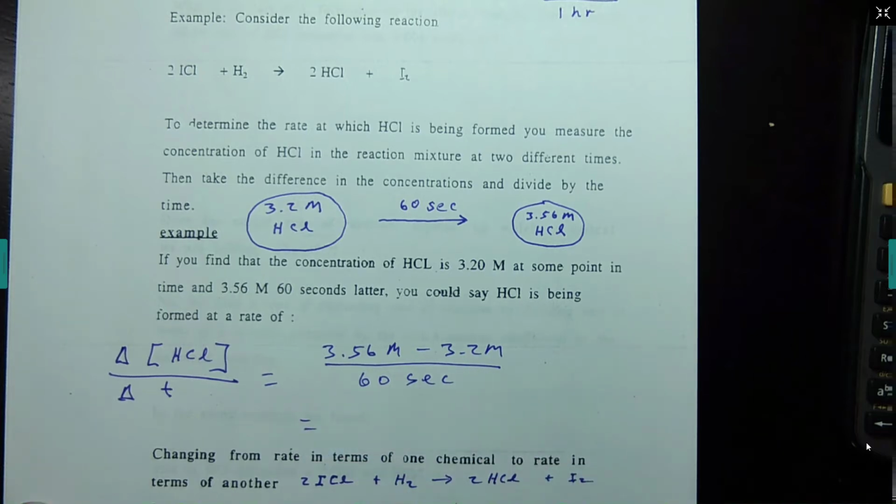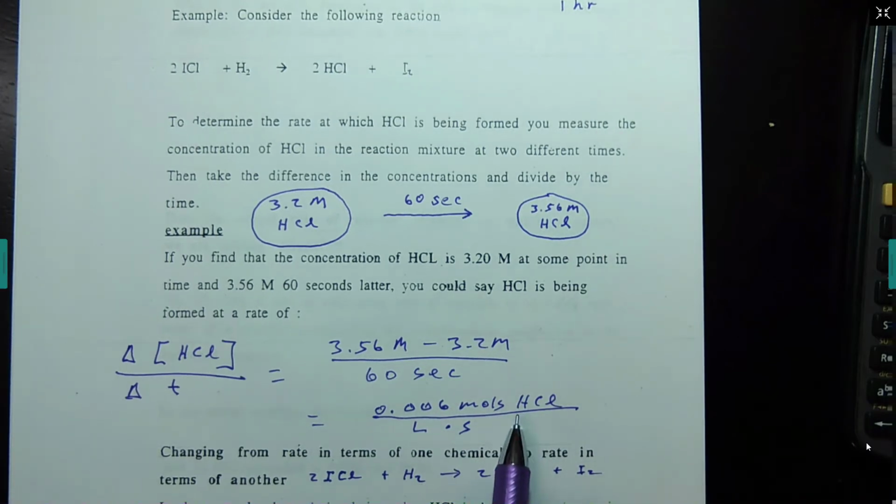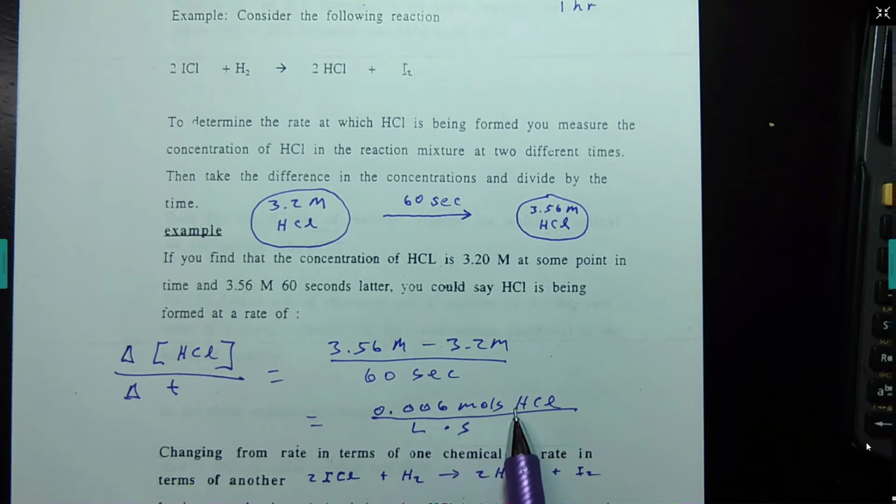If you do the math, you come out with the hydrochloric acid being formed at a rate of 0.006 moles of HCl per liter per second. So that's your rate at which you're forming hydrochloric acid. For every 1 liter of the reaction, you're going to make that many moles of HCl per second.